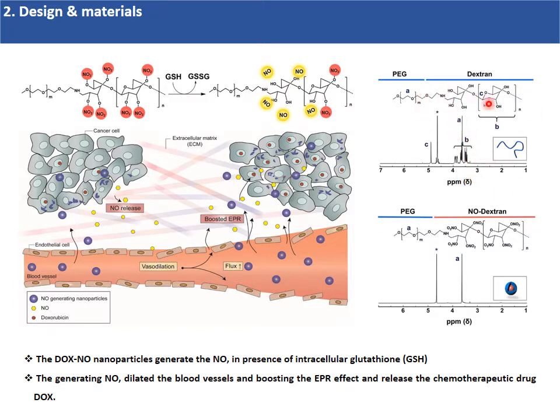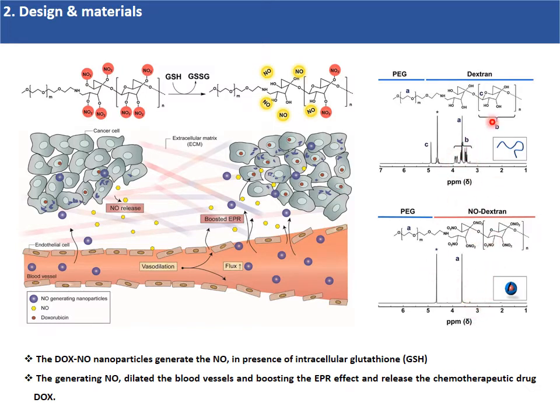It shows that in the presence of OH, the dextrin OH proton appears in the aliphatic region of the NMR spectrum. But when the OH is converted to the NO2 group, the dextrin OH peak vanishes.